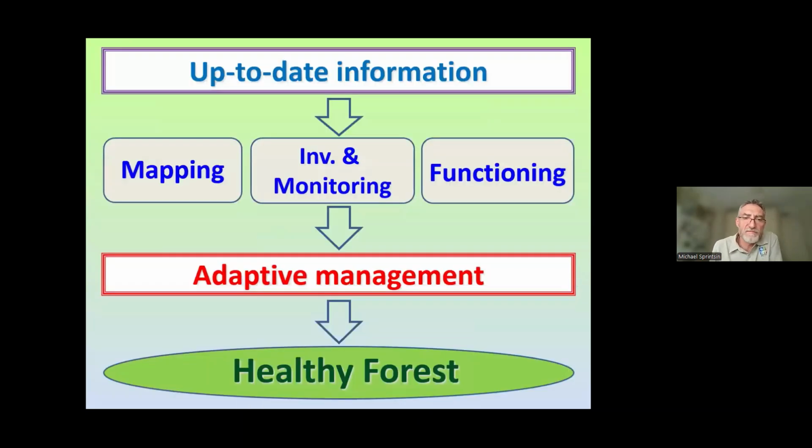Now, Evelyn, I don't have any formal summary for this talk, because what else could I say? I think we need up-to-date information in several directions, from different sources at different scales, to grow a healthy forest.